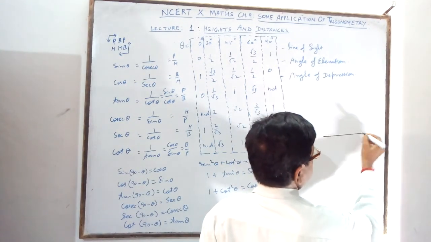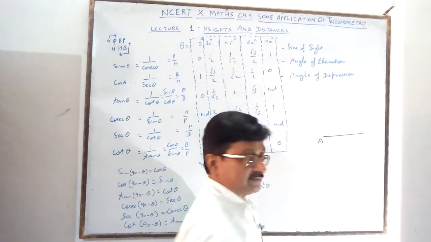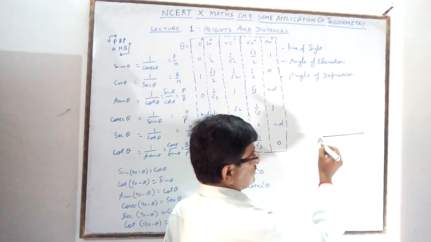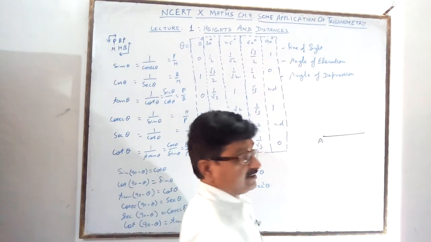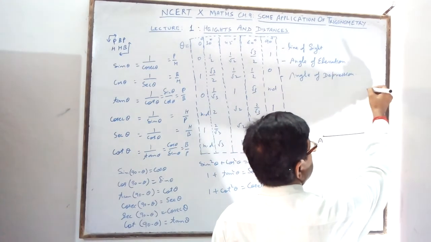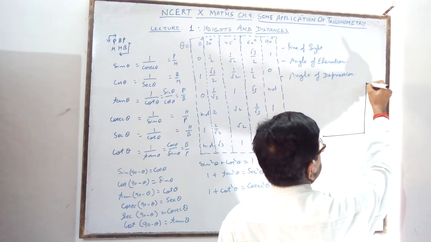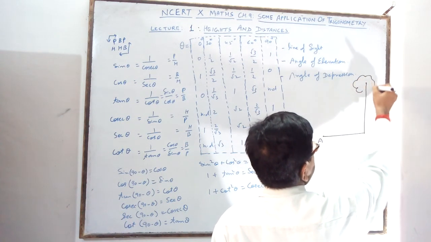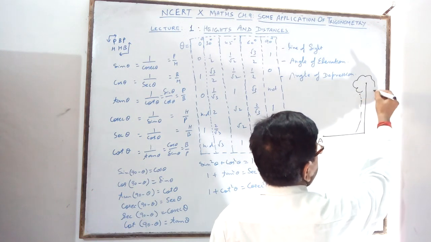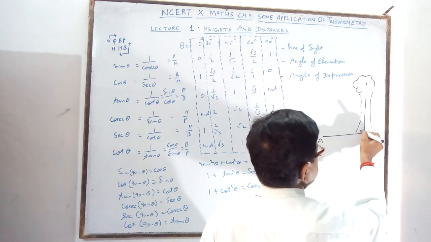Suppose there is the earth, and at A any person is standing. There is a tree, and the tree forms 90 degrees with the ground.